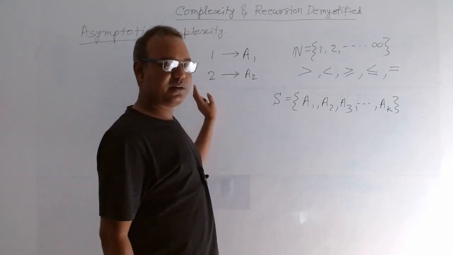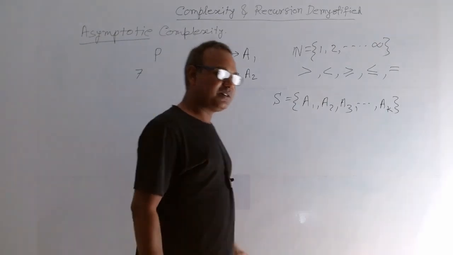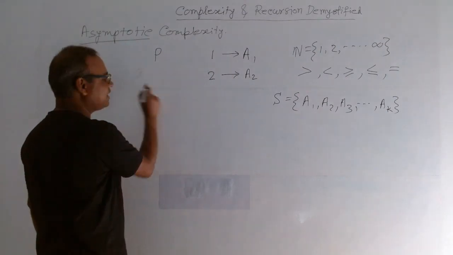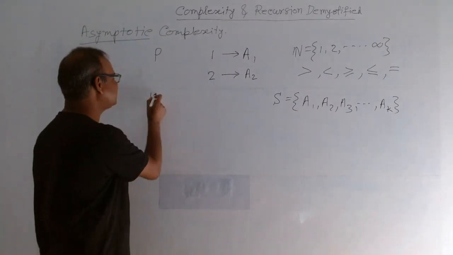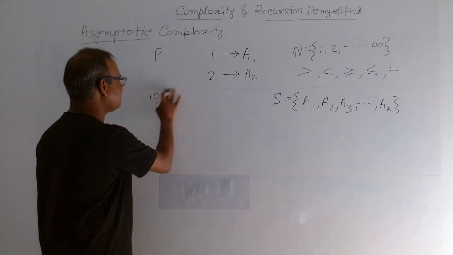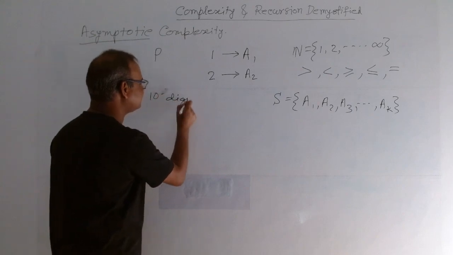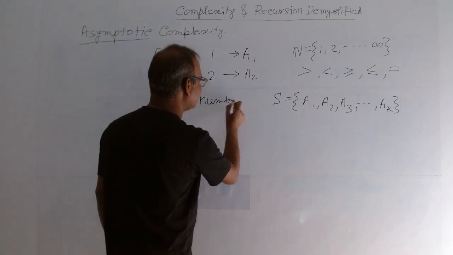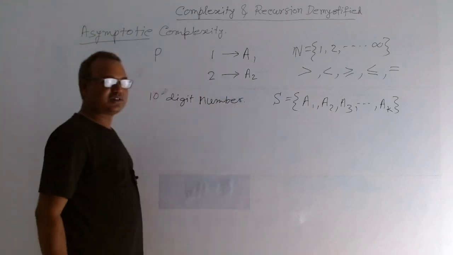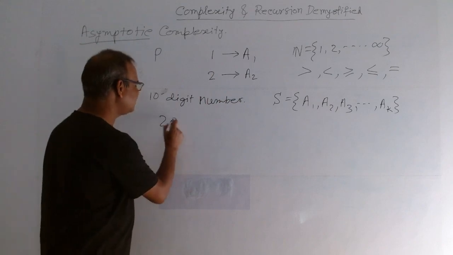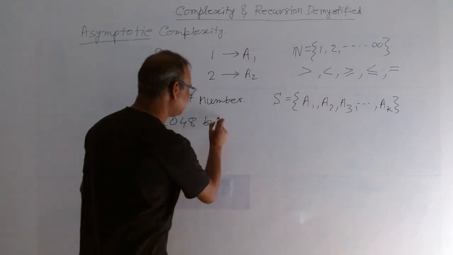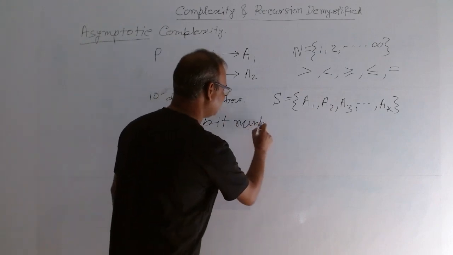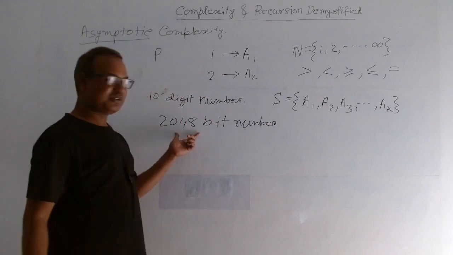What we are bothered about is a large number, for example your 10-digit mobile number or more. Let's say a 2048-bit number is not very large.